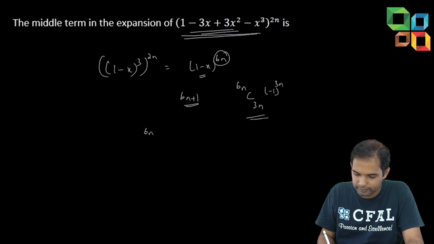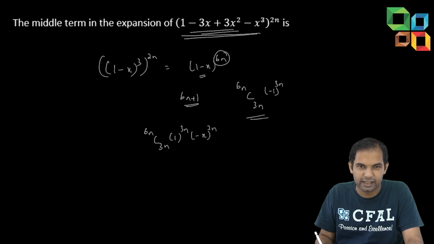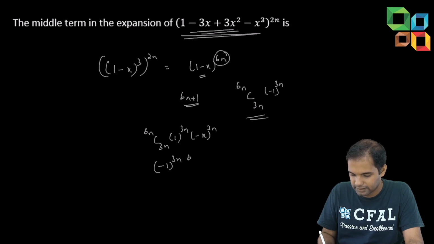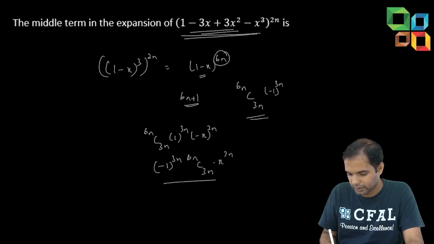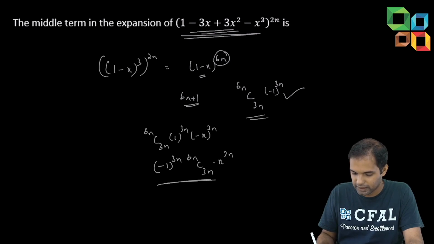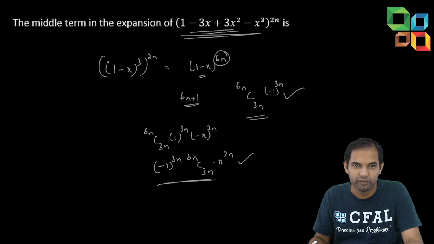It is 6nC3n, 1 power 3n into (minus x) whole power 3. You're not interested in x for the middle term, but just the sign. So it will be (minus 1) power 3n, 6nC3n into x power 3. If the coefficient is asked, directly you can write this. If the term is asked, we'll simply write the term with x power 3.